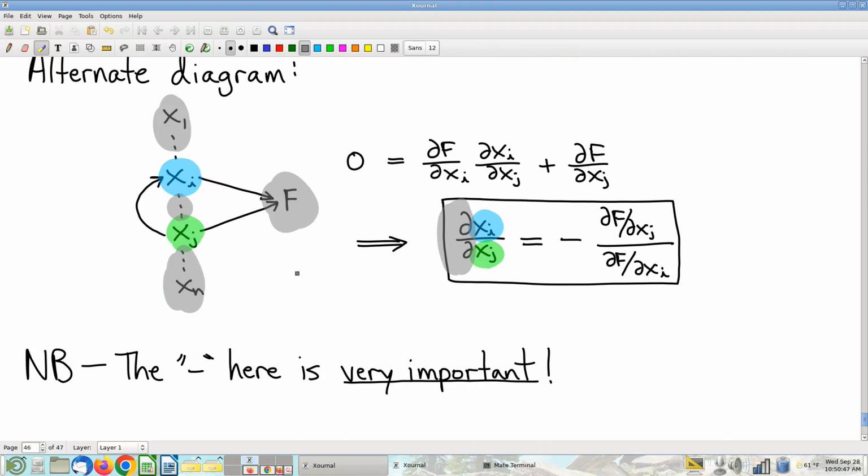So we argue as follows. If f is constant, then how this f changes is a real simple story. It doesn't change. It's a constant.